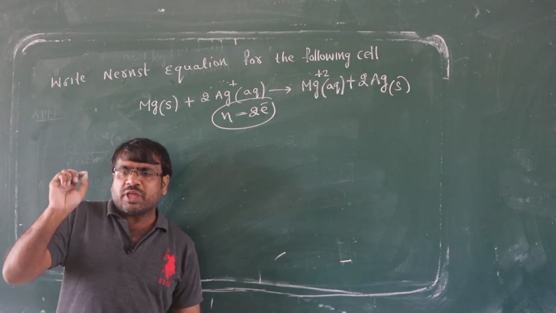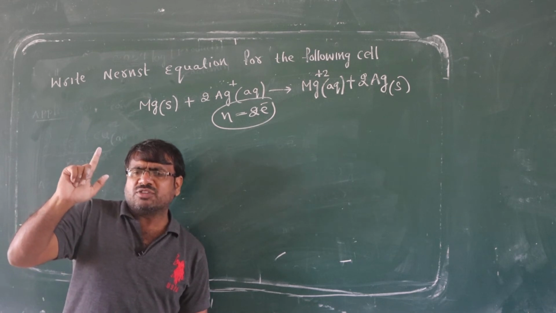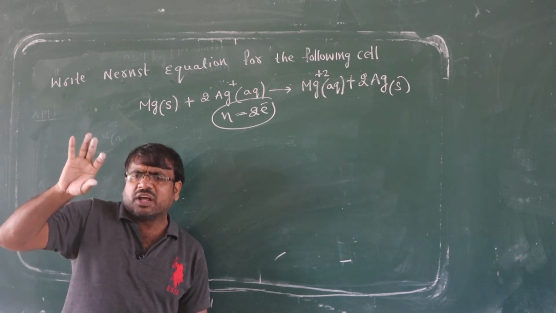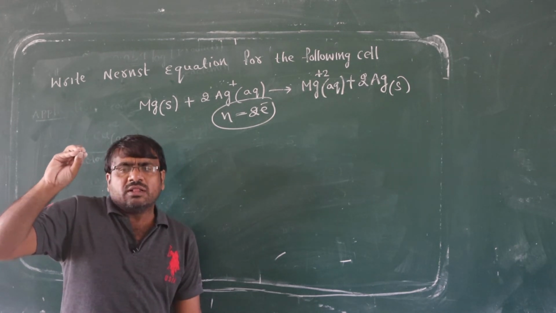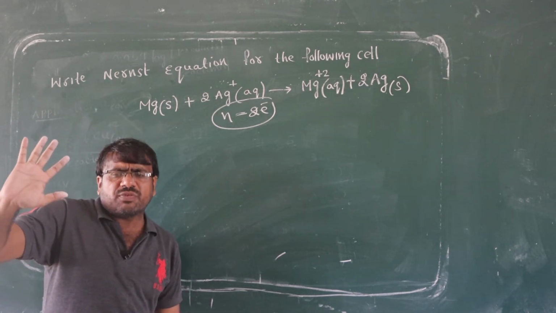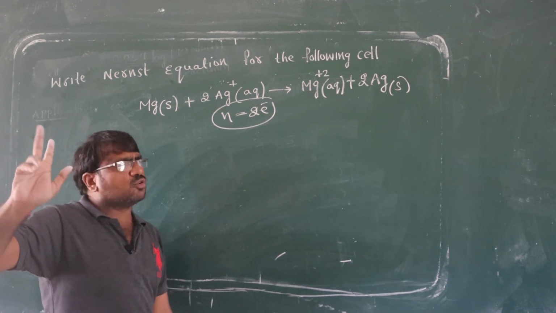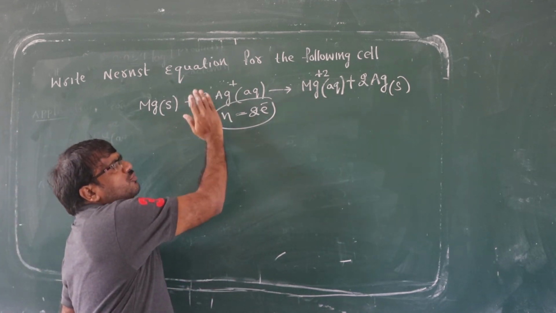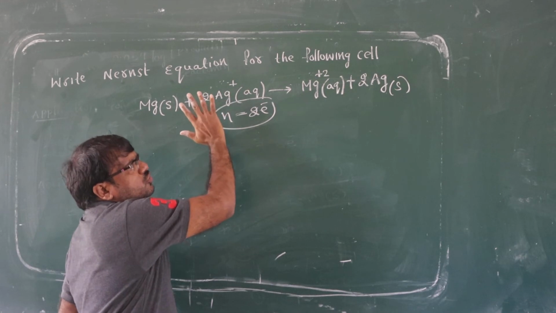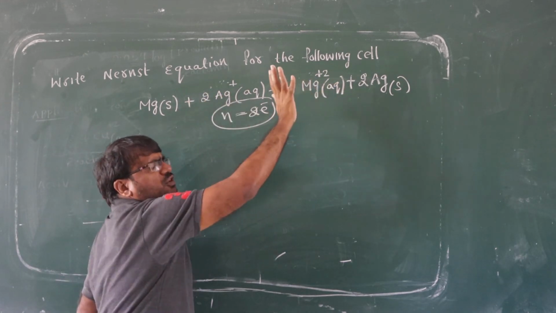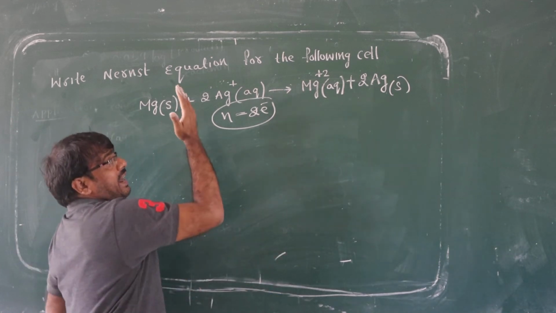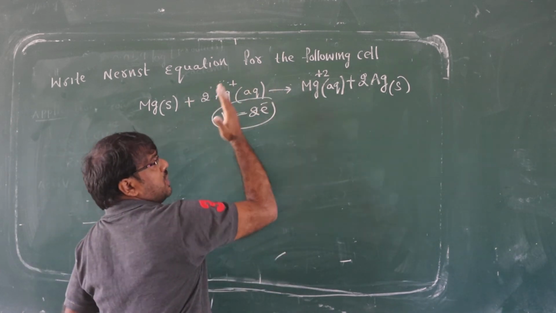I just want to tell one important thing, this is the trick of the day. Today's trick is how to identify the n in the Nernst equation. Very easy, I am going to tell. On this side, calculate how much total positive charge is there. And on this side also, the same positive charge will be present, from left side to right side.